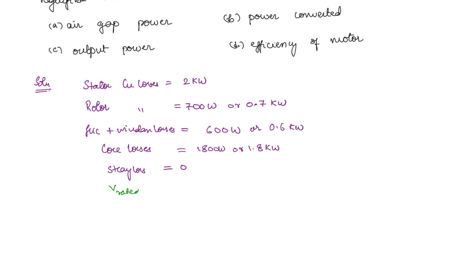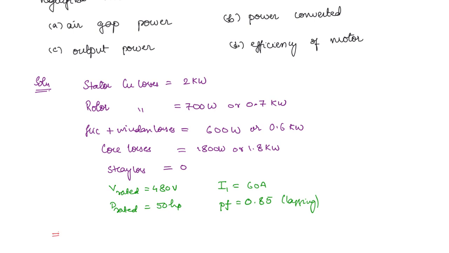V rated is 480 volt and the P rated is 50 HP. And what is the current that is being drawn? This is given by 60 ampere. So you can take it as I1 and the power factor is given as 0.85 lagging.